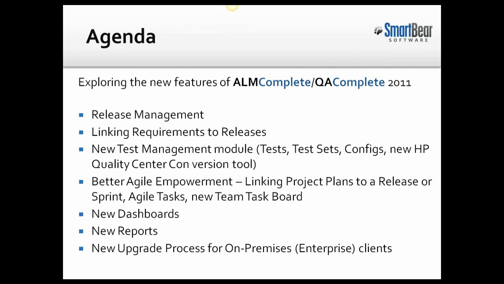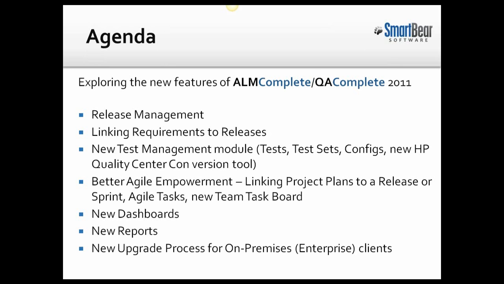The final thing we did was we also wanted to improve the lives of our on-premises or enterprise clients. As you know, in the past, anytime we had a new release of the software, it usually followed to our on-premises or enterprise clients usually 2 to 4 weeks after we went into production for our software as a service clients.